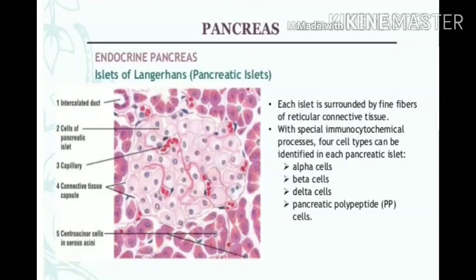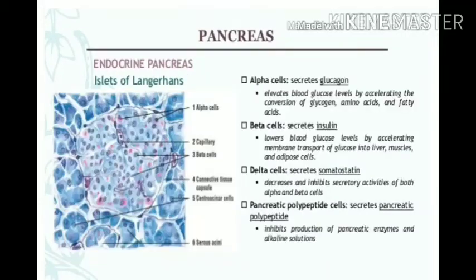Now let us have a look at what are the functions of these different kinds of cells. Alpha cells secrete glucagon, which elevates the blood glucose levels by accelerating the conversion of glycogen into amino acids and fatty acids. Beta cells secrete insulin, which lowers the blood glucose levels.